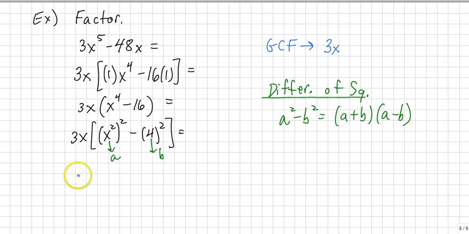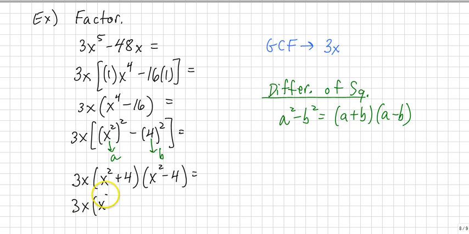So we could write this as 3x times a plus b, and then a minus b. But once again, after doing that, we see that we have x squared minus 4.